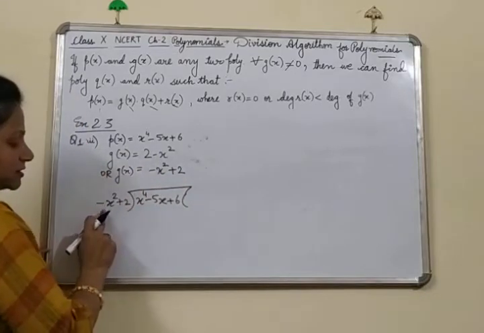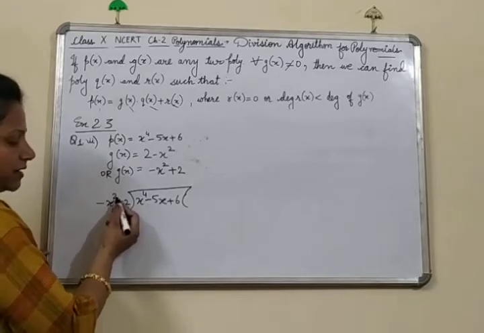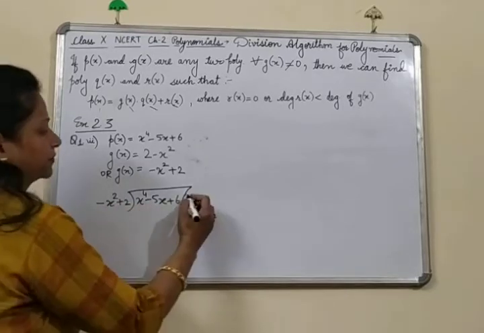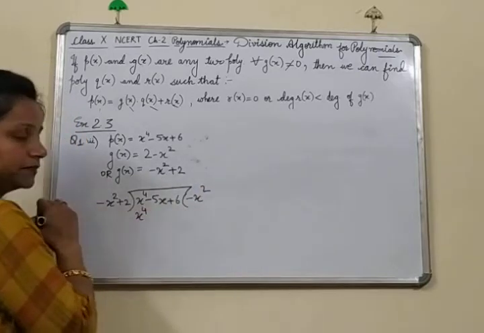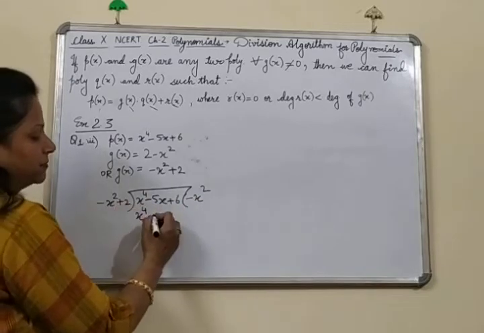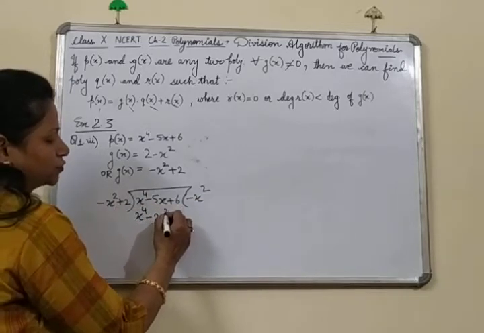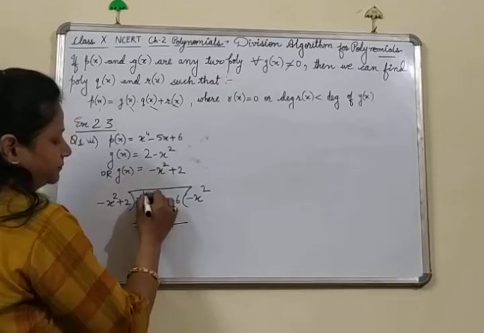Now, this is minus x square, this is x to the power 4. What should we multiply with this so that we can get x to the power 4? It is to be multiplied by minus x square. So this becomes x to the power 4. Now minus x square into plus 2 becomes minus 2x square. We change the sign. This cancels.